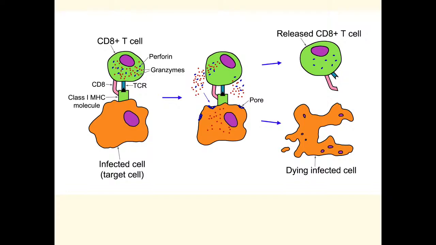Initially we have CD8 T cell activation and recognition of MHC I, and after this activation the T cell will release granules which contain perforin and granzymes, which will produce pores in the target cells, and the granzymes will lead to activation of apoptosis and destruction.